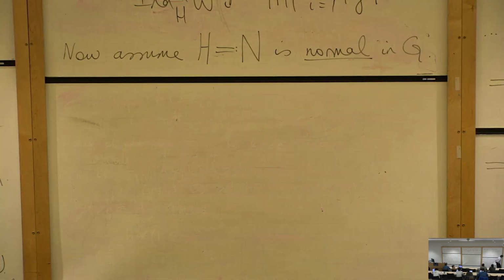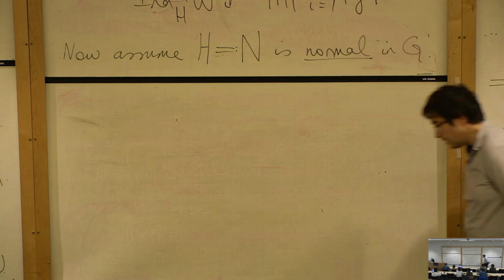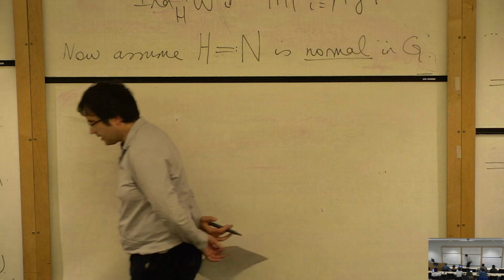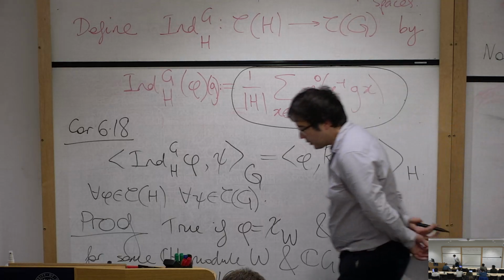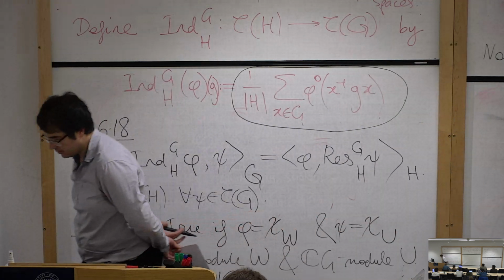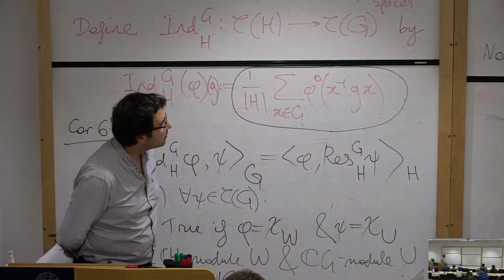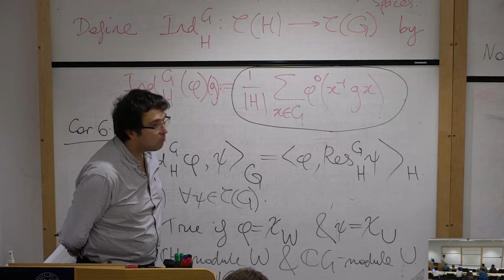I remember it was permuting the various direct summands in the induced module, precisely as the group element little g was permuting the cosets of H in G. I've got a normal subgroup.